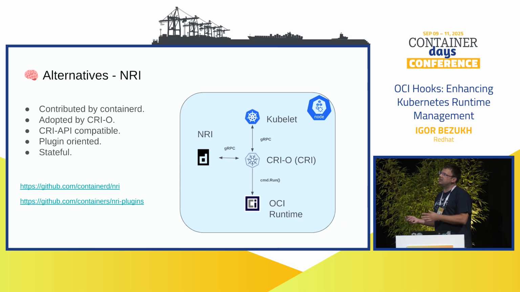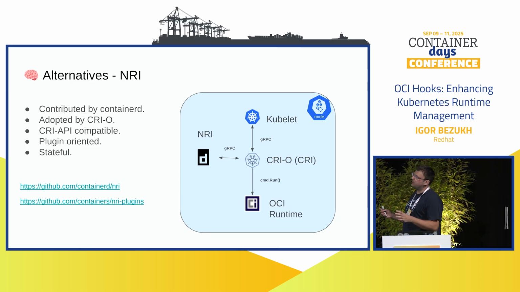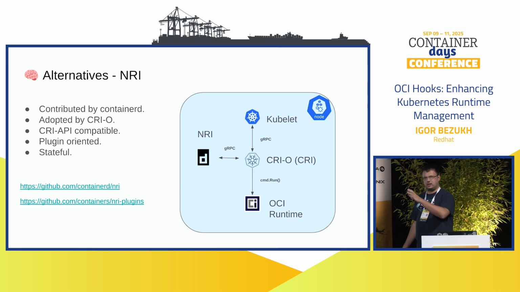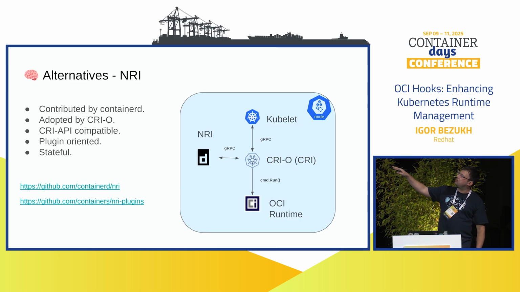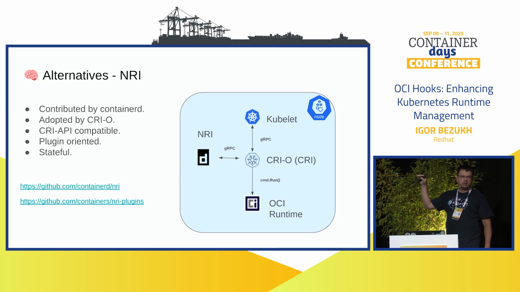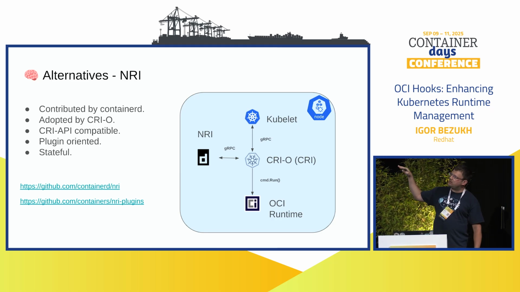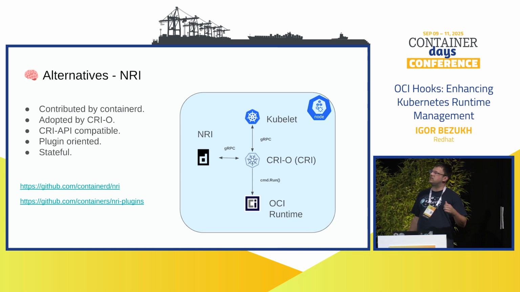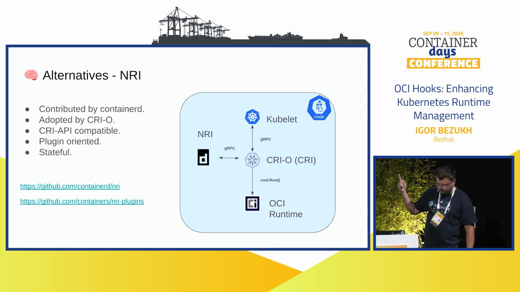So the alternative is NRI. NRI is basically the same thing as an OCI hook. It's a plugin system, and it operates on the container engine level. And moreover, it's stateful, and it's compatible with the CRI API.